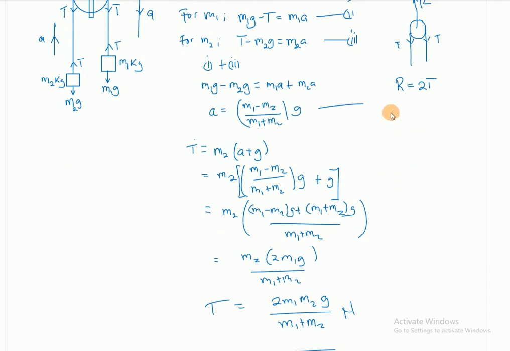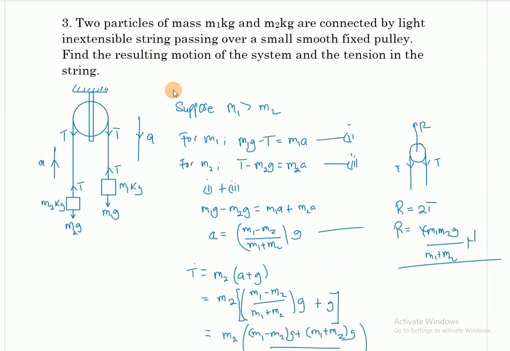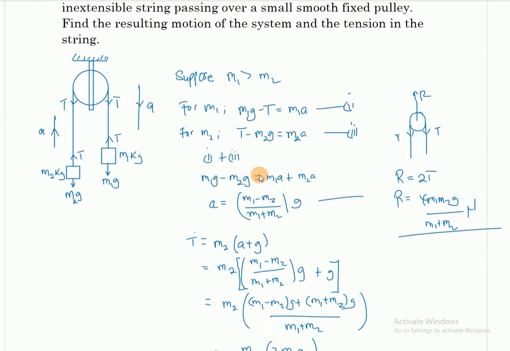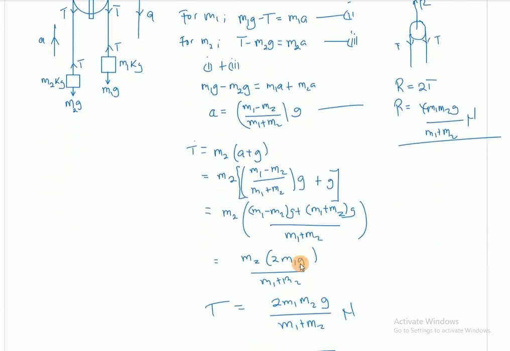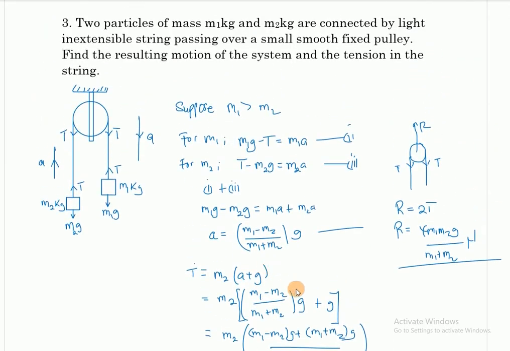So the reaction on the pulley is going to be 4 m1 m2 g divided by (m1 plus m2). That is in newtons. I think we have talked about the motion of the system. We have got the acceleration, the tension involved, and the reaction on the pulley. That is what we can say about that problem.